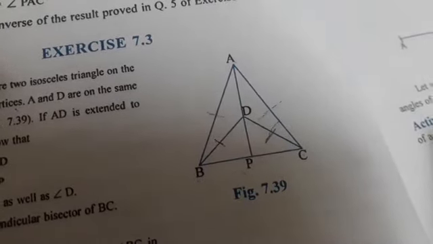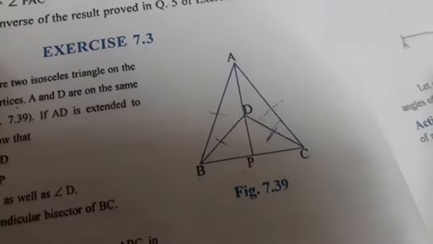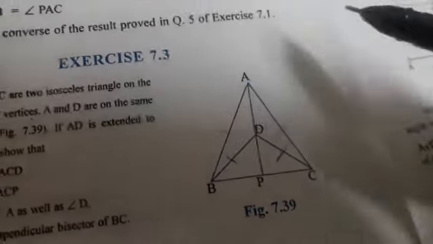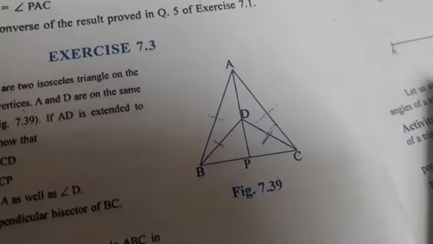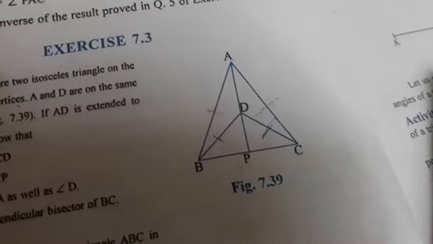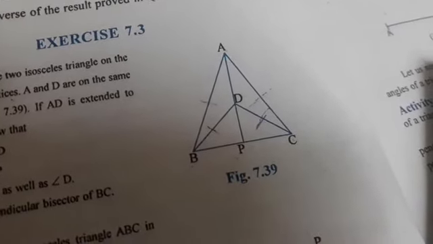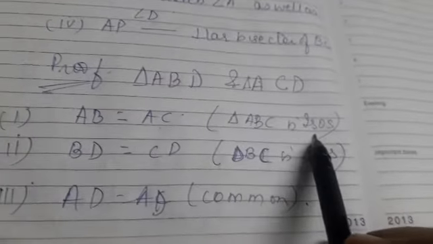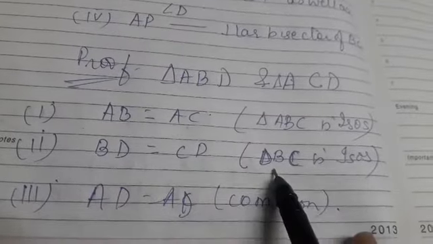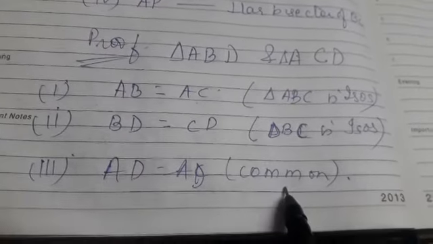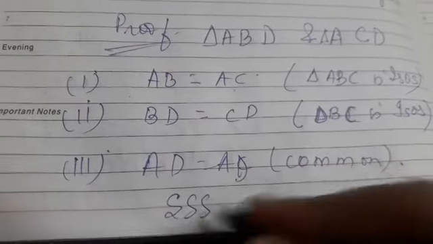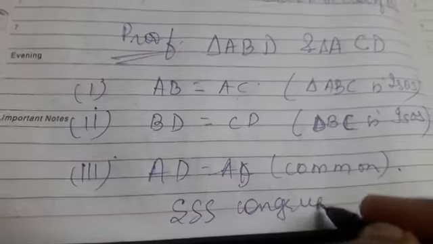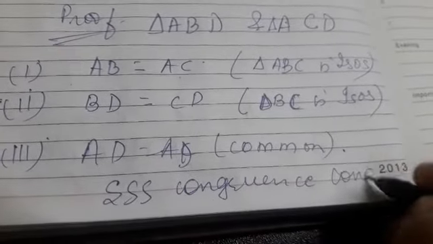Then the third point will be AD is equal to AD, it is a common side. Now I have written all the 3 points. As you can see, there are 3 sides, so the triangles are congruent by the SSS congruence condition.